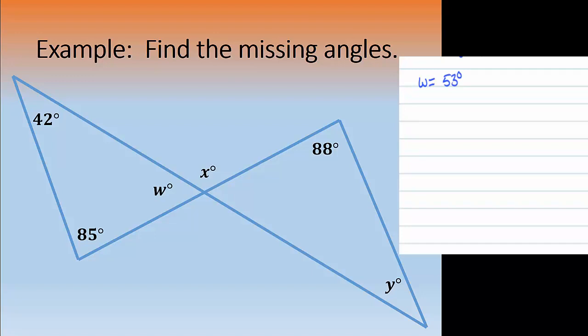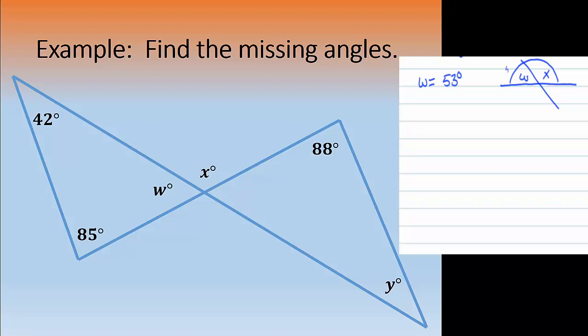We also know that W and X, if I were to draw just that portion of the shape where we have W and X, and we can see very clearly that there's intersecting lines there, and the line underneath the W and X is very straight, so it's going to have a total of 180 degrees. And if I were to draw the angle arch in here, we would see that that forms half of a circle, which is 180 degrees.